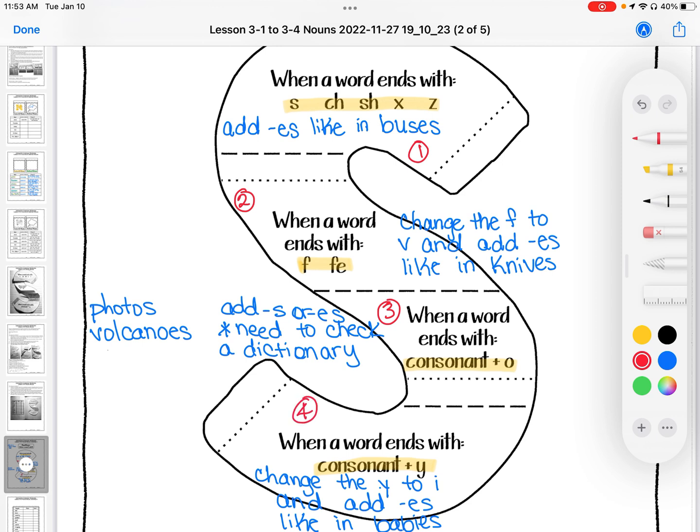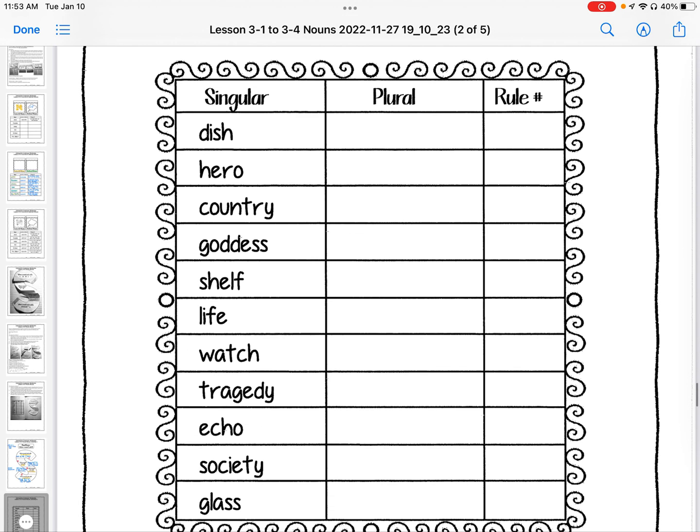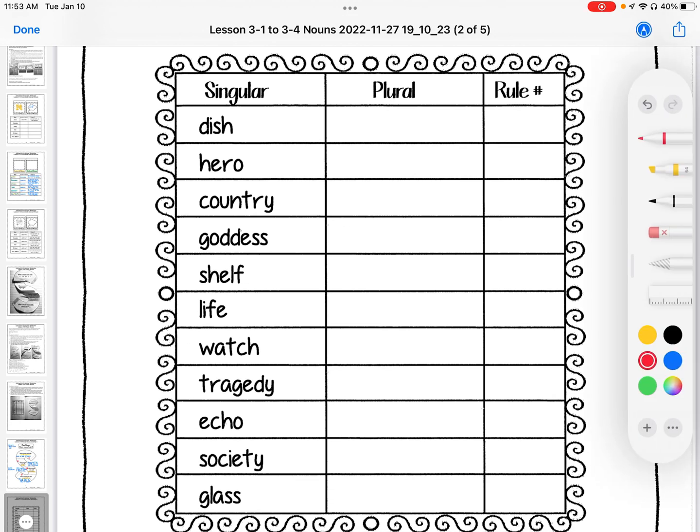So make sure that you have labeled rule 1, rule 2, rule 3, or rule 4. So let's go through some examples. You should have this sheet. It should be cut out and pasted.